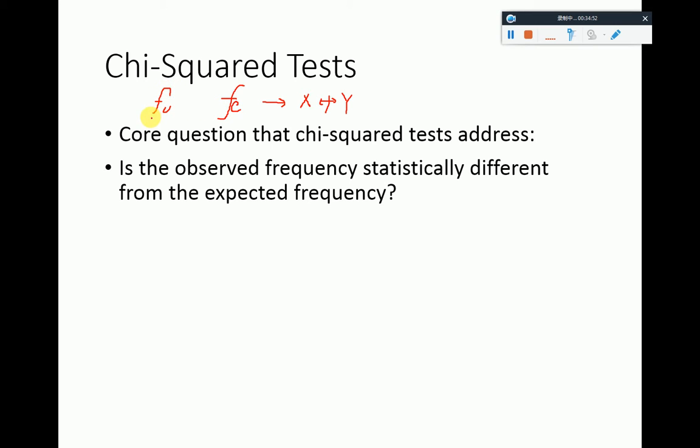But if the observed frequency is very different, statistically or meaningfully different from the expected frequency, that means this assumption is not correct. We cannot assume that x and y are unrelated, because the number that we observed is very different from the number that we calculate based on the assumption that these two are not related. That means this assumption is not tenable. Okay, so that's the core question that the chi-square test addresses. Okay?